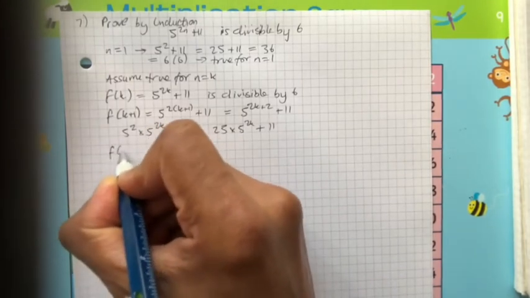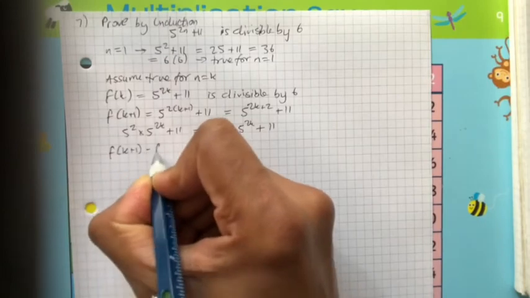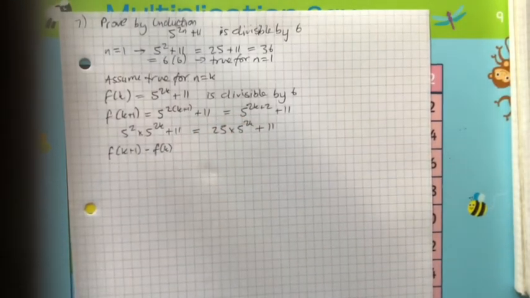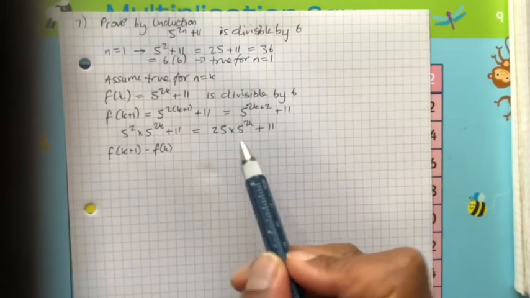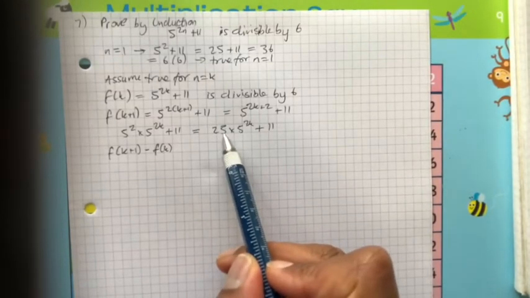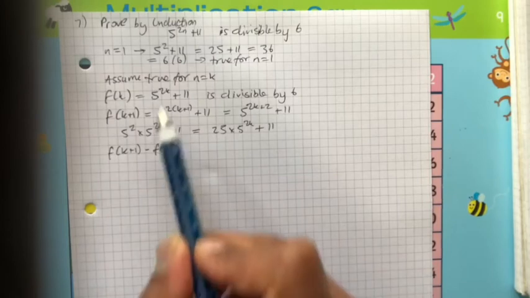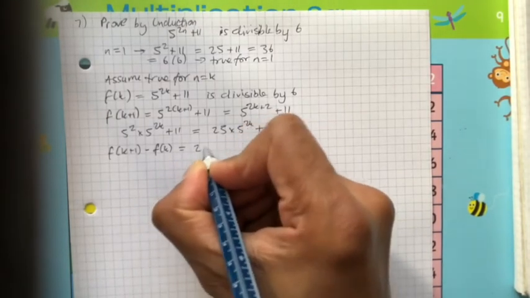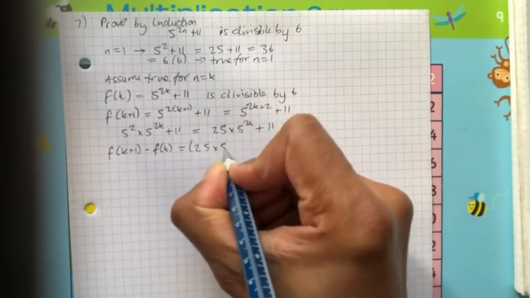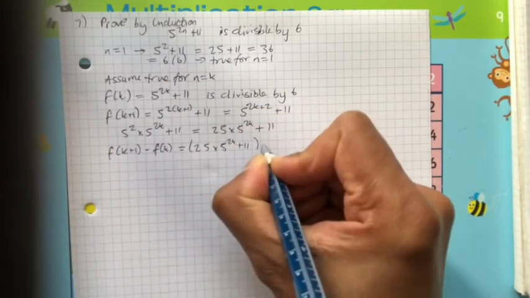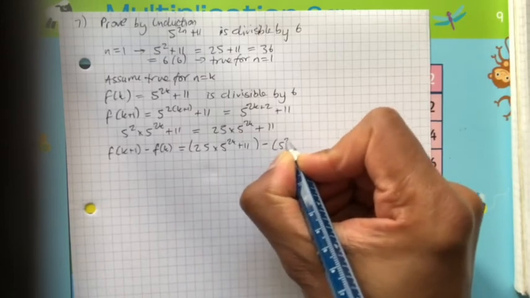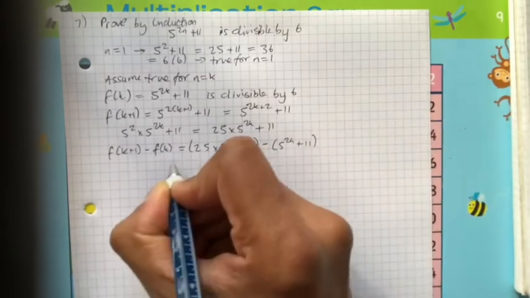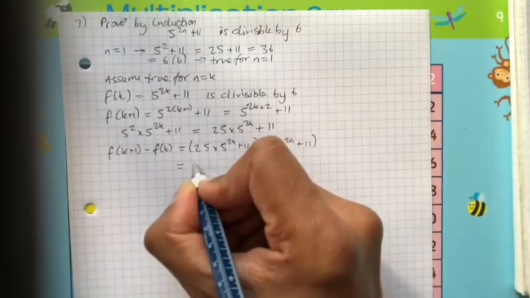So what I'm going to look at is f of k plus 1 minus f of k. And the reason for that is I noticed that 25 lots of 5 to the 2k, take away 1 lot of 5 to the 2k, will give me 24 lots of 5 to the 2k, which is divisible by 6. That's 25 times 5 to the 2k plus 11 minus 5 to the 2k plus 11. So the 11's cancel.